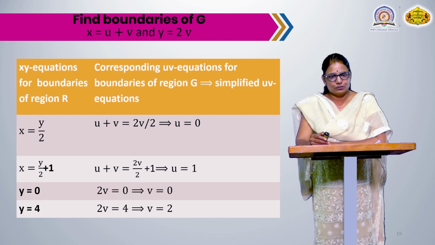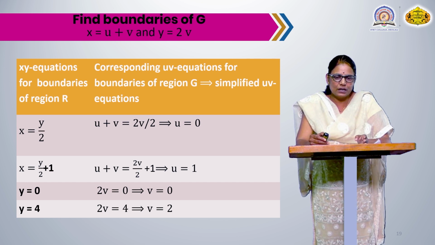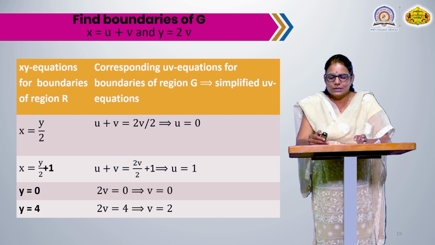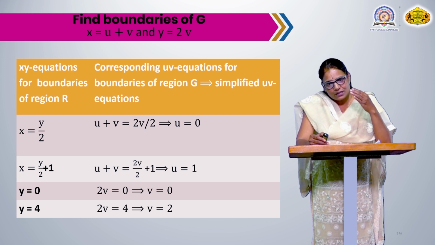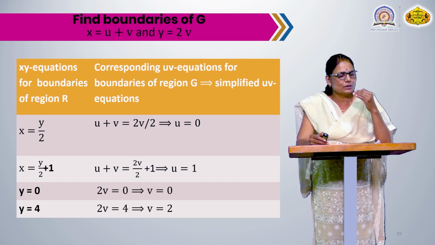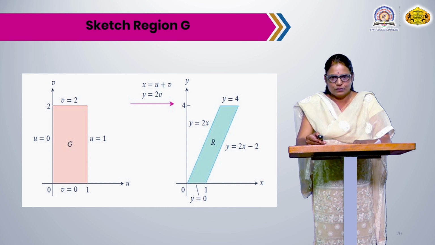Now the first column contains the boundaries of R and the second column contains the corresponding boundaries of region G. So now we sketch this region G. All these 4 boundaries of G are straight lines parallel to either the u axis or the v axis, so it is very easy to sketch. This is the region G in the uv plane.